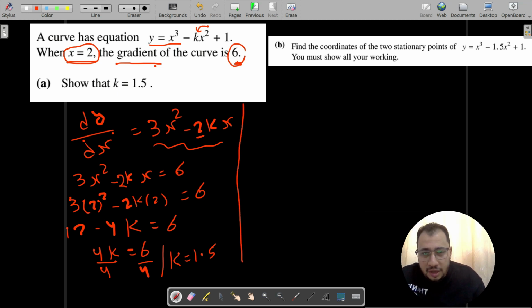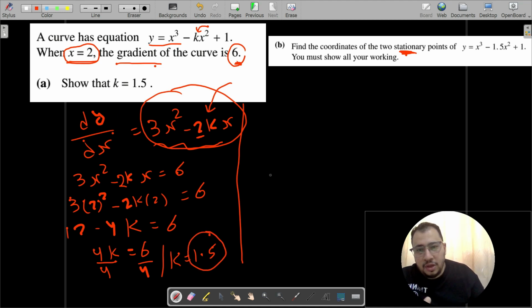Okay, let's take a look at question B. Find the coordinates of the two stationary points. As I told you before, stationary points means the gradient is 0. Again, the gradient is 0, so you take whatever you got here and make it equal 0. Don't forget to substitute k with the value given to you.